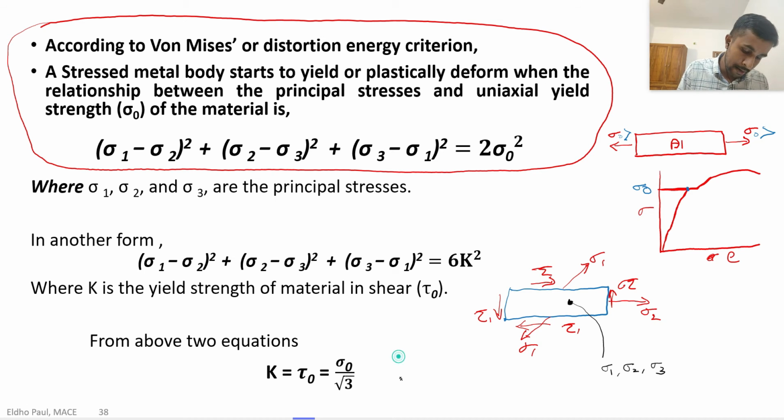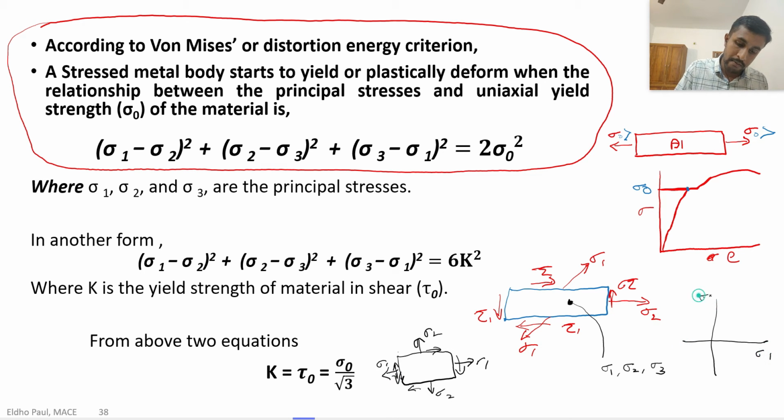For example, in a plane stress condition with sigma x, sigma y and tau, using Mohr's circle, we draw a Mohr circle, and this distance is sigma 1.